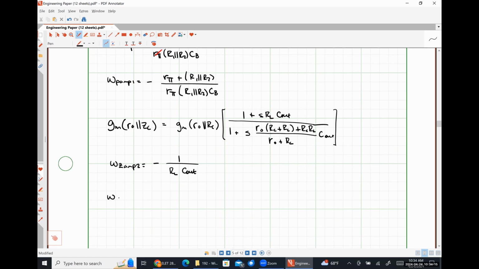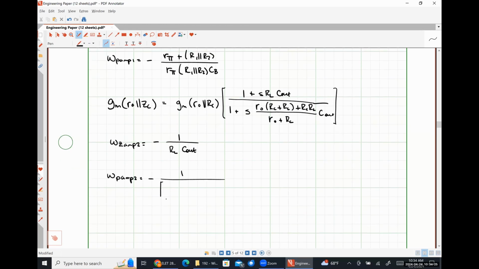And our second pole from our amplifier stage is -1 over R naught times RC plus RL plus RC times RL, all over R naught plus RC, all times C out.